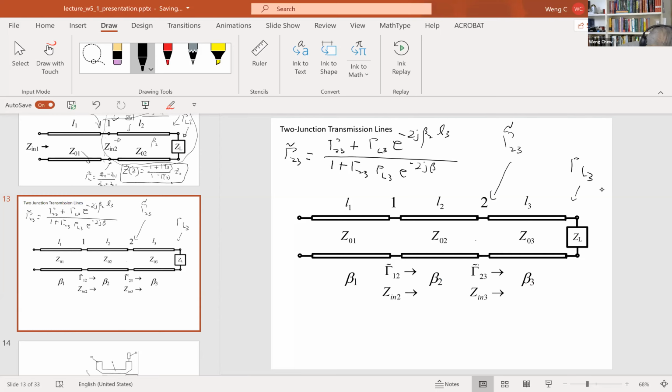This should be beta 3, sorry. This should be beta 3 L3.